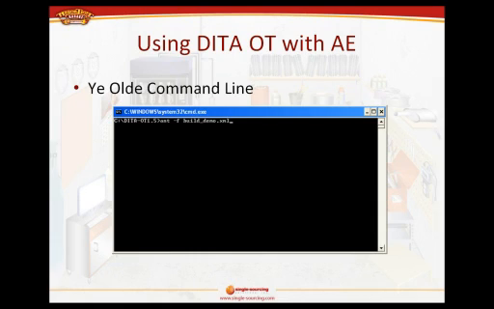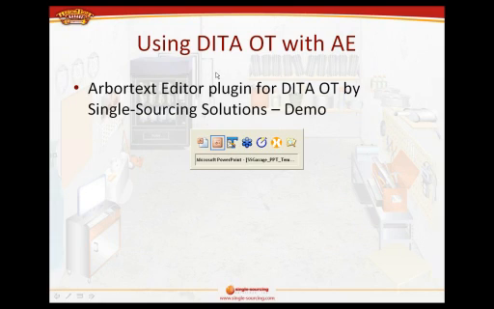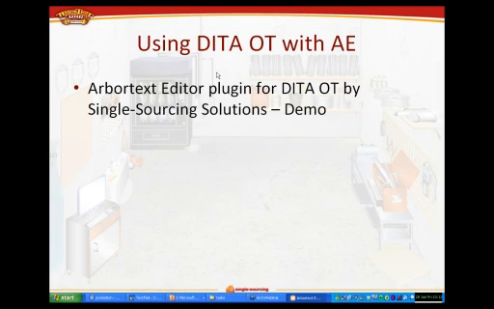There is another way, and Single Sourcing Solutions has developed an Arbortext Editor plugin for the DITA Open ToolKit. I wanted to just give a quick demo of how this works. This is integrated into Arbortext Editor.